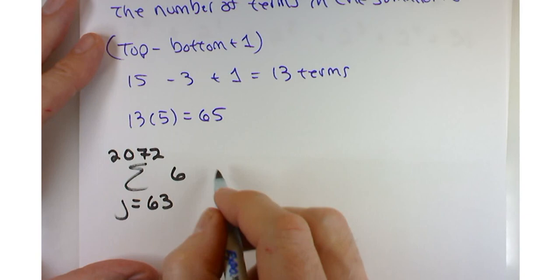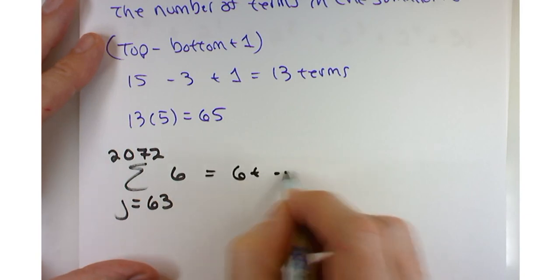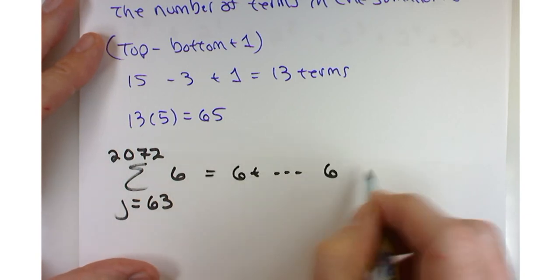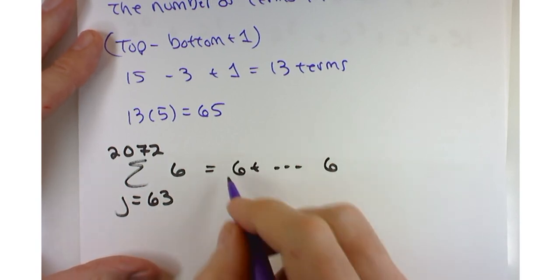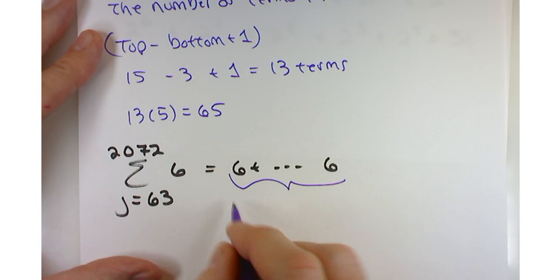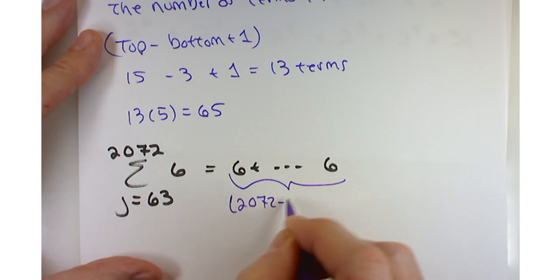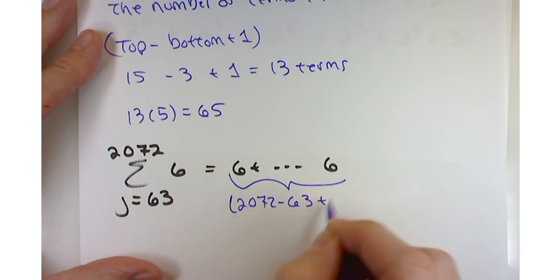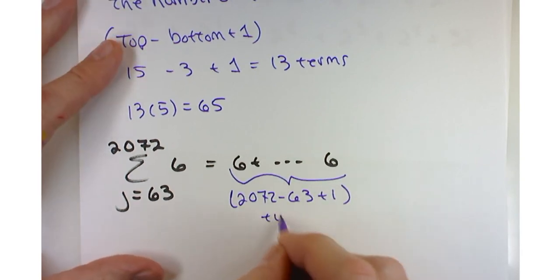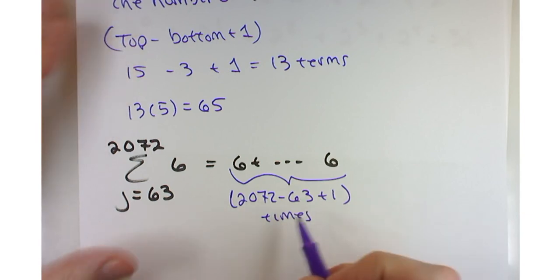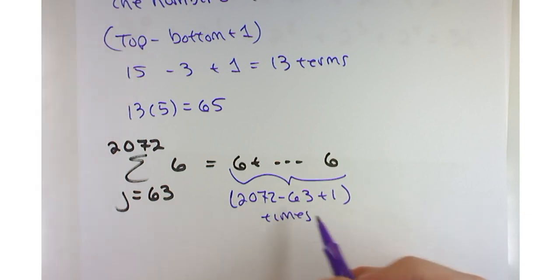What you would do is realize that it's 6 plus 6 plus 6 quite a few number of times. So let's figure out how many times. So it's going to be 2072 minus 63 plus 1 times.